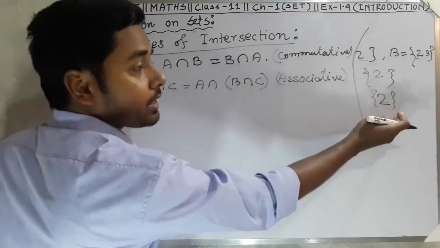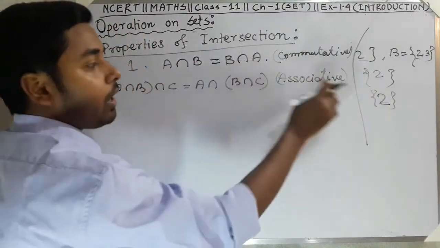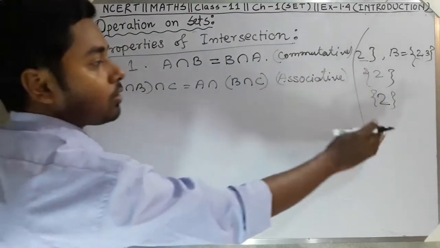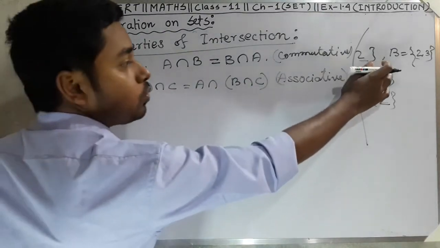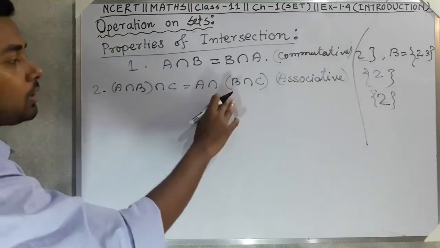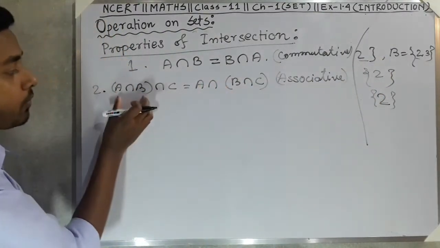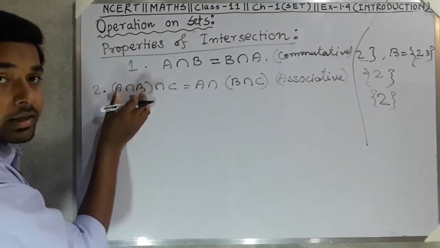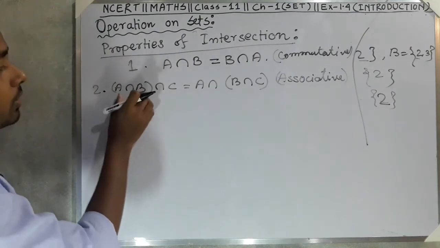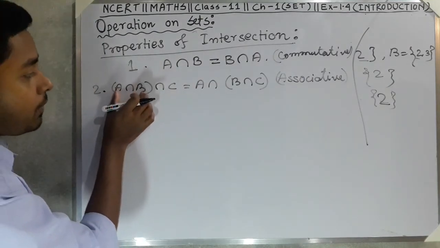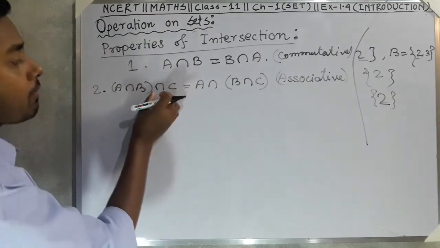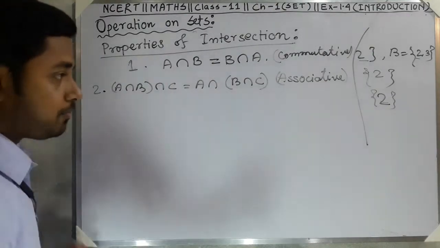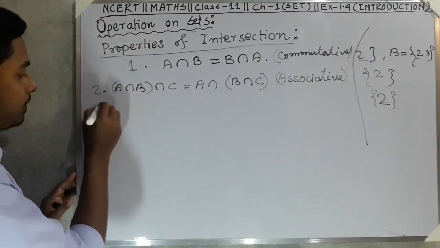As I have given the example for the first one, you have to check for the second one also. Here I have taken 2 sets, but here you have to take 3 sets. First of all, you have to find the intersection of A and B, then the intersection of that portion with C. Again you have to find the intersection.